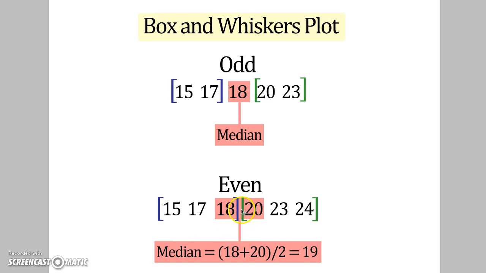They would end at 19, and then the second 2 quartiles would start at 19 and end at 24. So just something to consider. The approach to creating a box and whiskers plot is different when you are using an odd set of numbers compared to an even set.